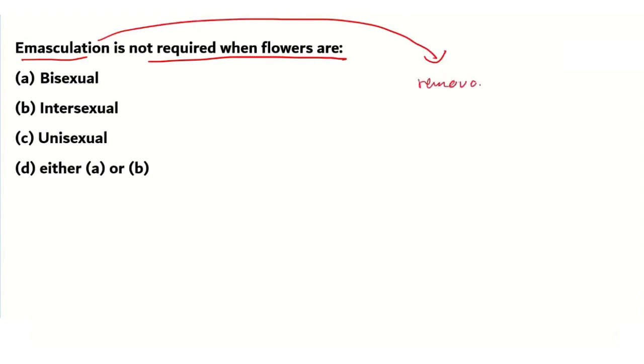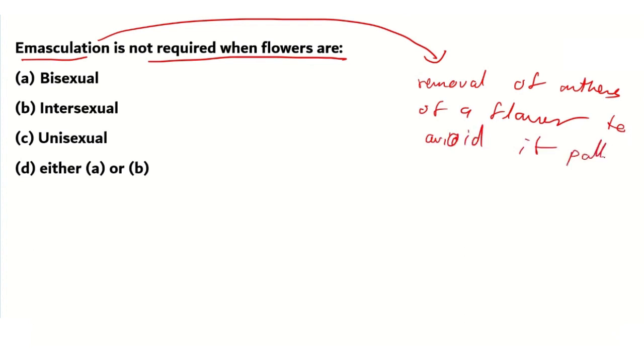Emasculation refers to the removal of the anthers of a flower to avoid it pollinating the stigma, or basically the female part. So when you want to get desirable breeds, the first thing you do with flowers that have anthers is to remove those anthers and then do bagging around them.